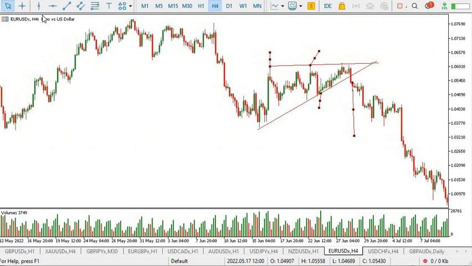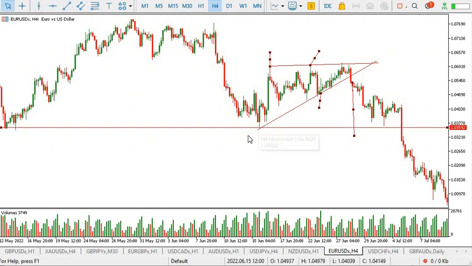And second, we can target the previous lows of the market once a breakout happens in the ascending triangle. So I am showing you a simple illustration and the example of these chart patterns on the chart.